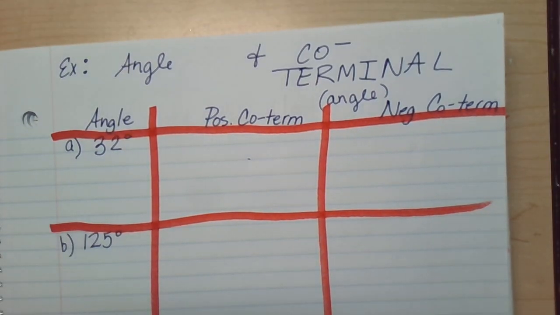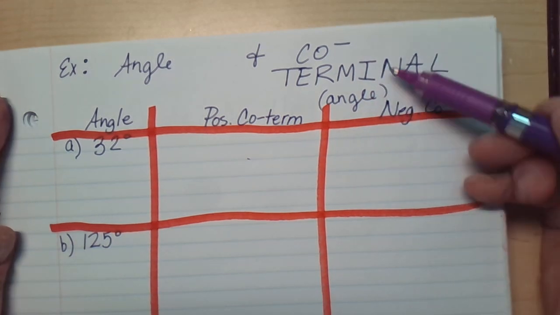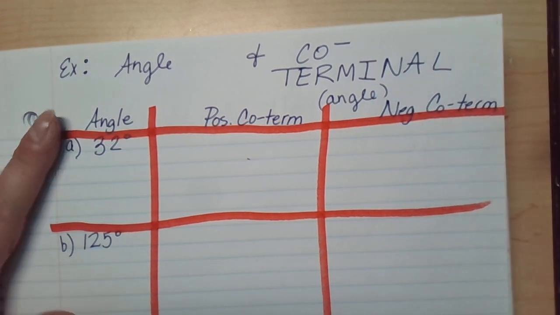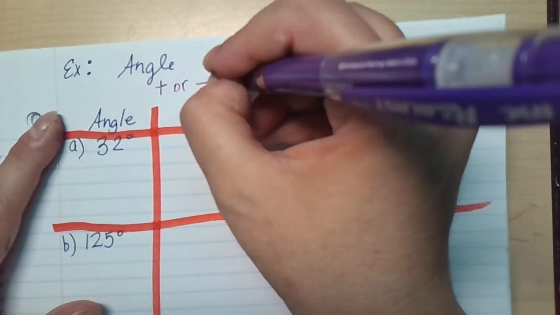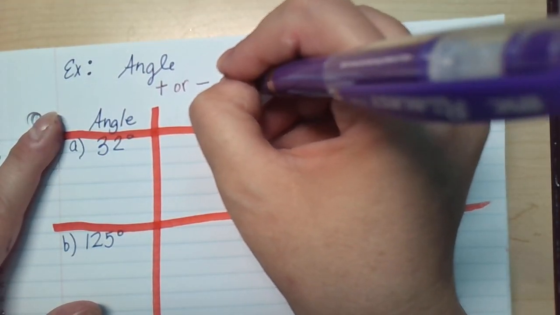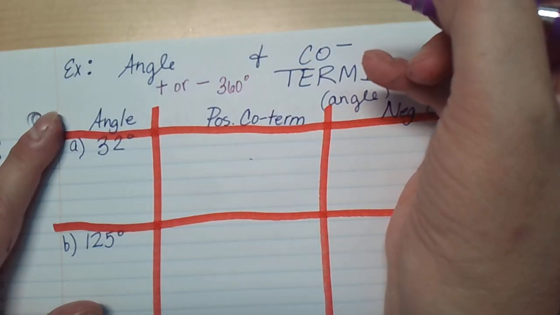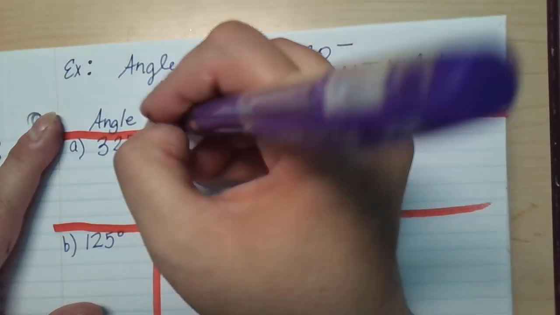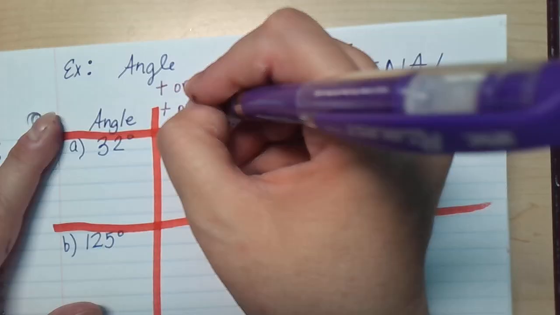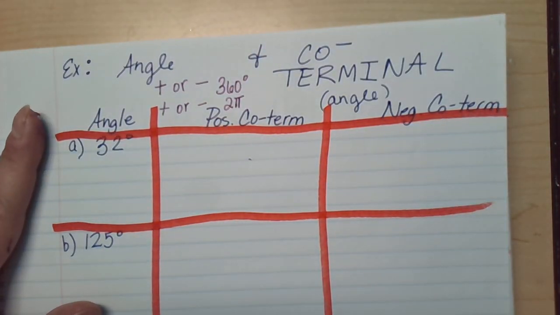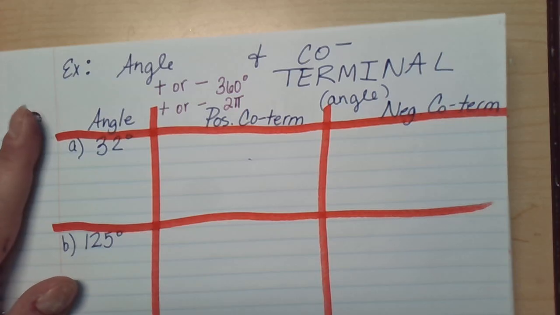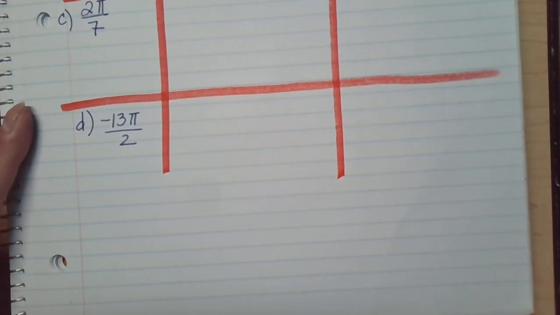I don't have my little slider, but I think I can do this. Coterminal angles are where you add or subtract 360 degrees, or its equivalent, adding and subtracting 2 pi. Let me show you what a picture of coterminal would be.